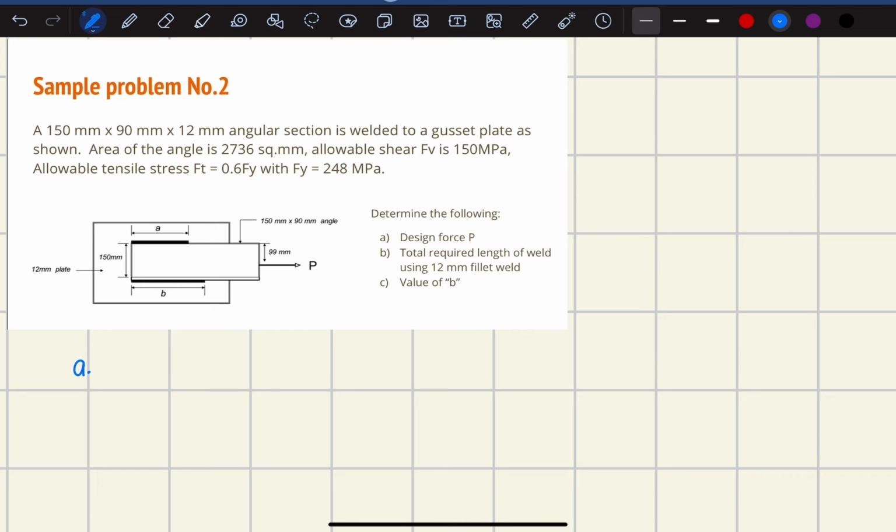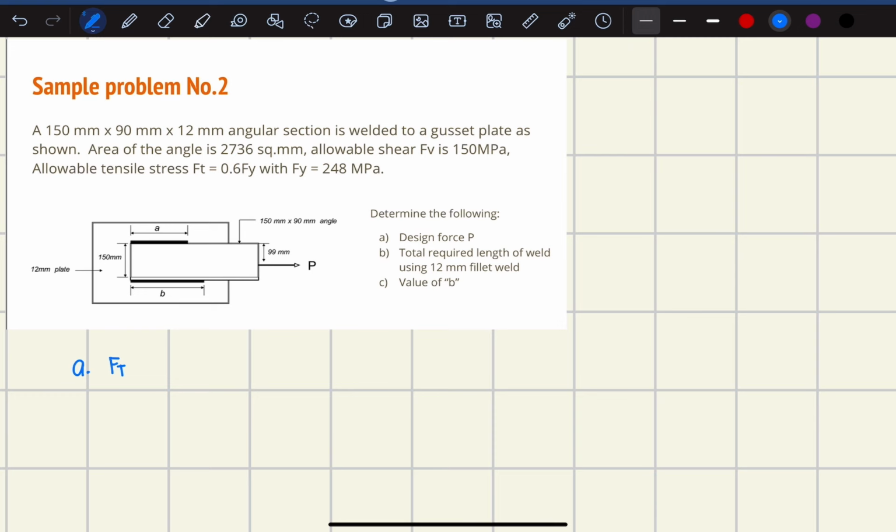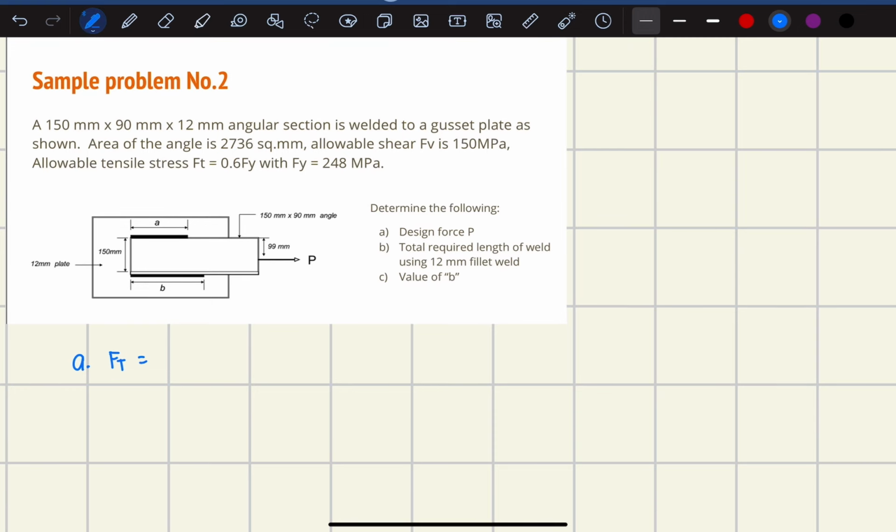We will use the allowable tensile stress Ft equals force over area, or we can rewrite it as P is equal to Ft times the area. The area being referred to here is the gross area.